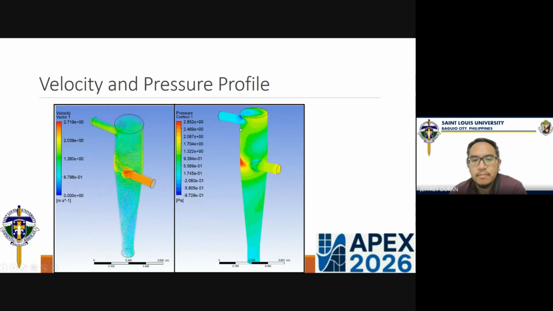As it traverses through our cyclone separator, the lower part is of low pressure, as well as the outlet part on this upper portion. So in this case, the difference in pressure actually creates the flow in our system. So we have high to low pressure in our cyclone separator.